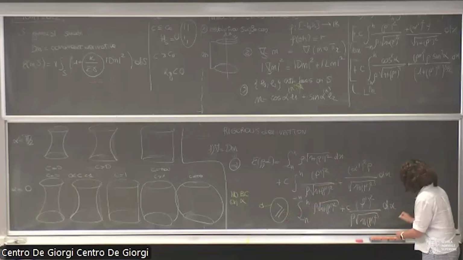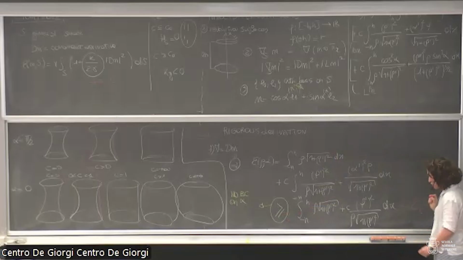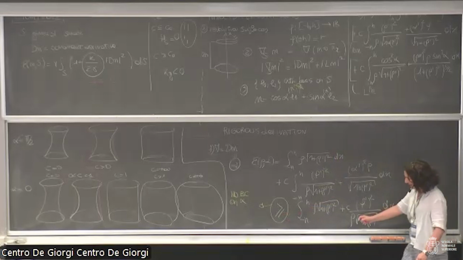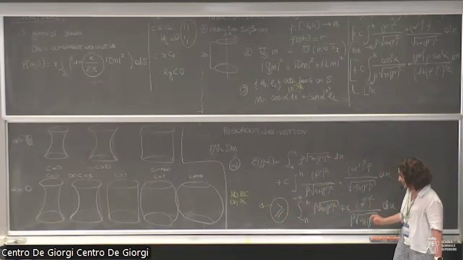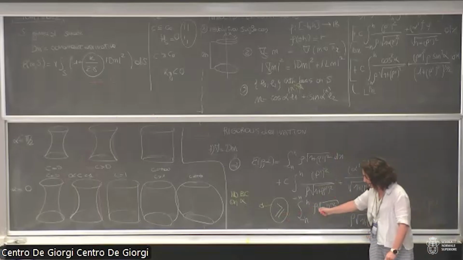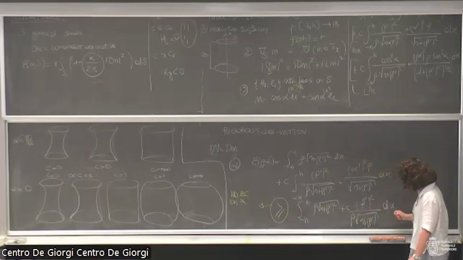So in some sense, we obtain an energy functional which depends on a constant c, but it is a geometric energy functional because the only independent variable that appears here is just rho, so the graph function that describes the surface in the revolution setting.